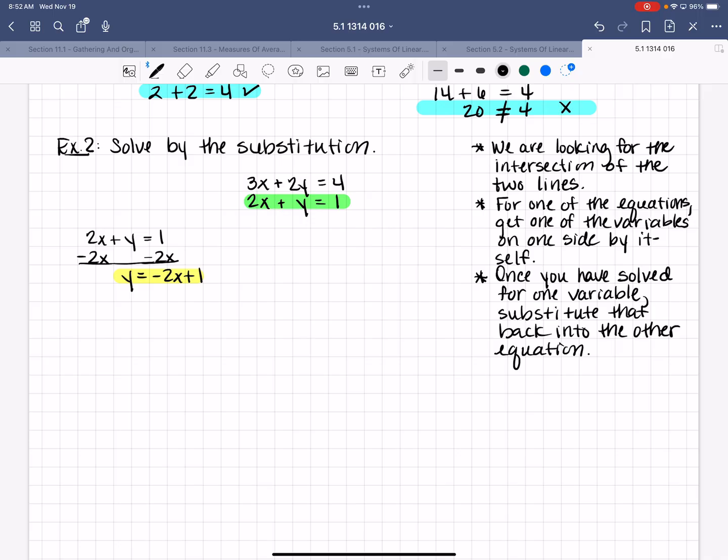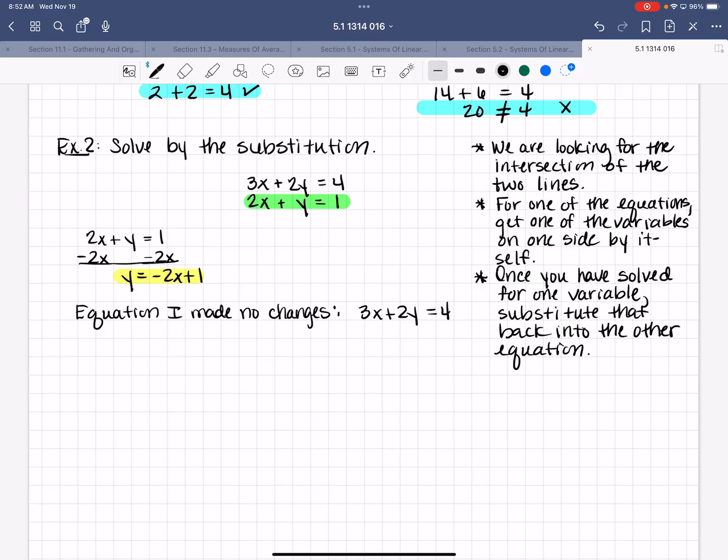So I'm going to take y equals negative 2x plus 1, and I'm going to plug him into the 3x plus 2y equals 4. Okay? So I've got the equation I didn't work with, the equation I made no changes to. Okay, so that's 3x plus 2y equals 4.